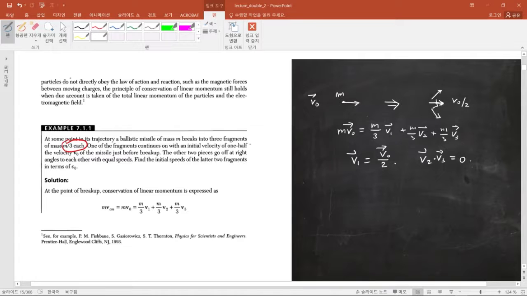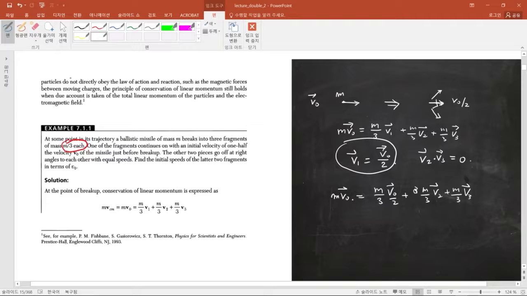So put this into here, you get m V0 is equal to 3 over m V0 over 2 plus 3 m over 3 V2 plus m over 3 V3.